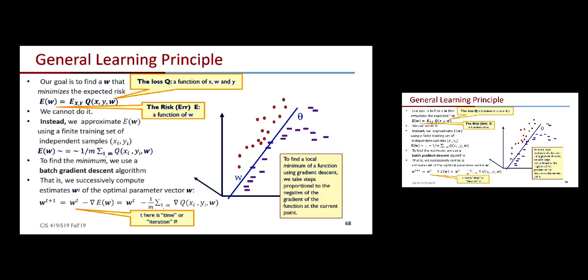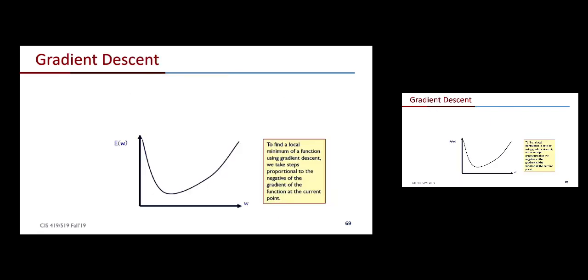So the picture that I want you to keep in mind is this. The error is a function of W. Some W's, like this guy here, it looks like a point, but really this W is a vector. For this W, this is the value of the error. For this W, this is the value of the error.